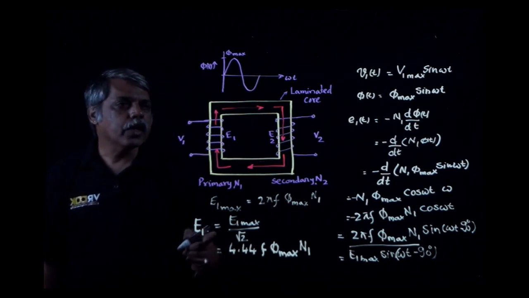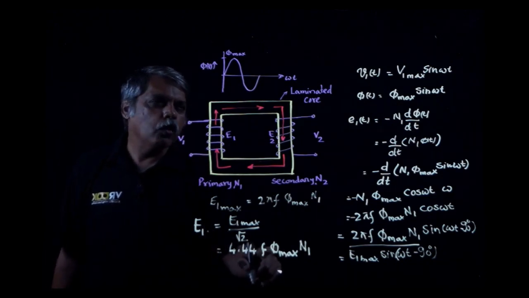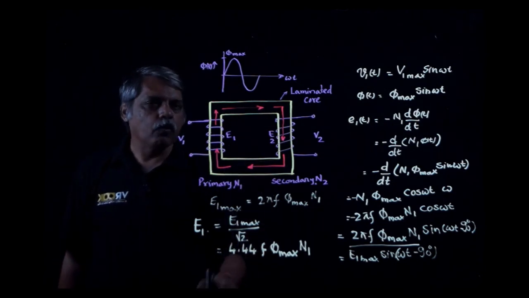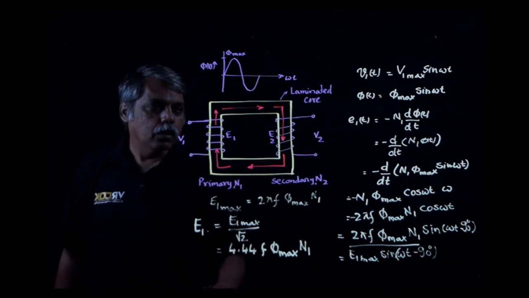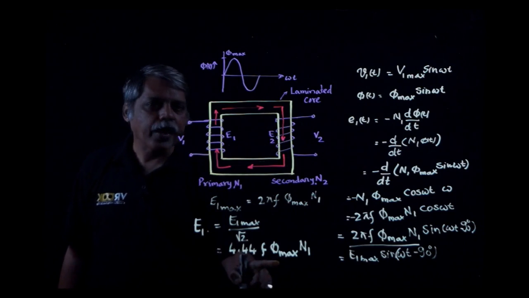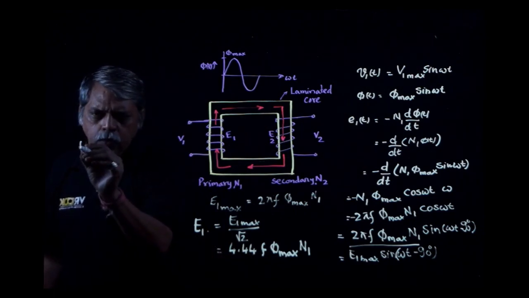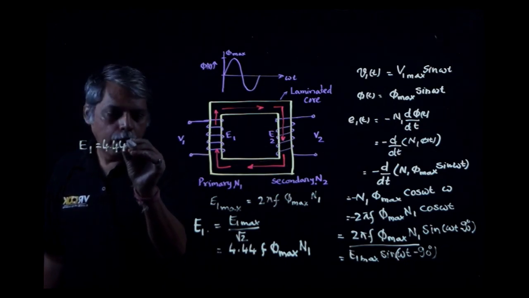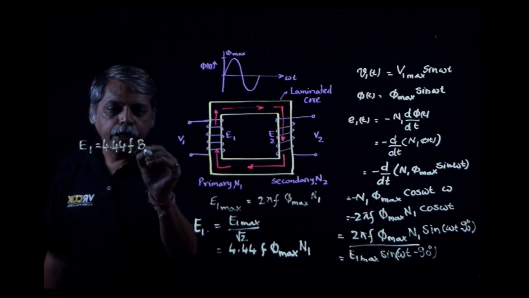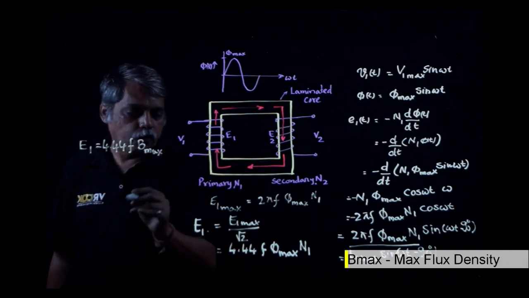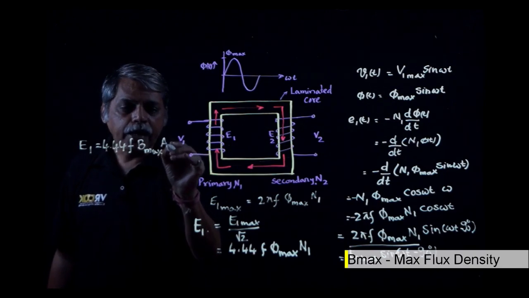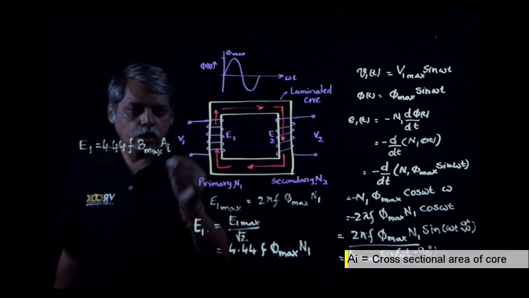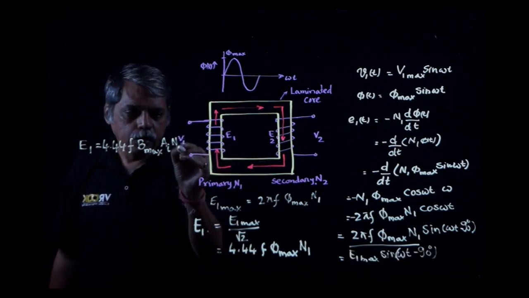Normally, when you design a transformer, the maximum value of the flux will not be mentioned, but the maximum value of the flux density will be given. Therefore, I can rewrite phi max, and the expression becomes E1 equals 4.44 f B maximum, the maximum flux density, Ai, the net iron area or cross-sectional area of the iron core, multiplied by N1 turns.